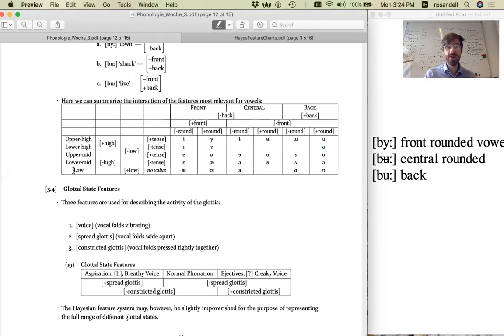You'll notice also that among low vowels, it's generally agreed that it's not possible to have a distinction in tenseness here. So all of the vowels that are low, a front low vowel, a central low vowel, and a back low vowel, these don't have corresponding tense and lax pairs.